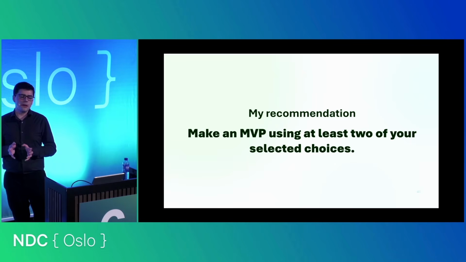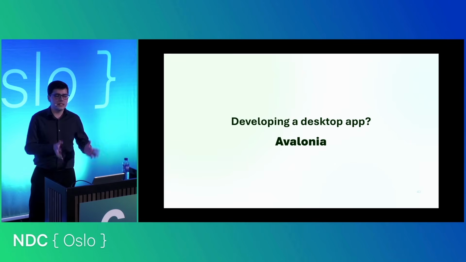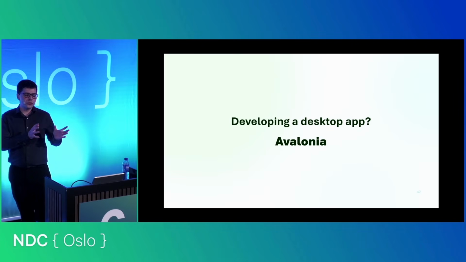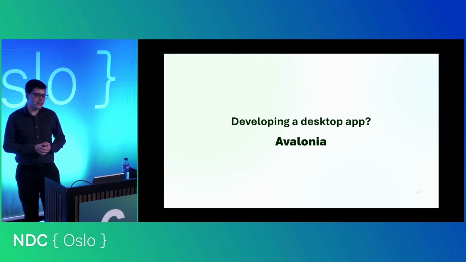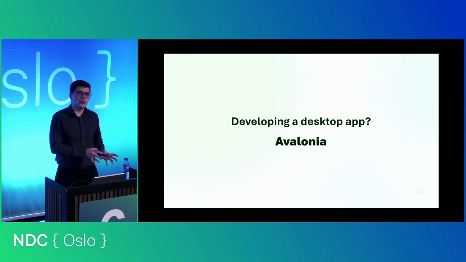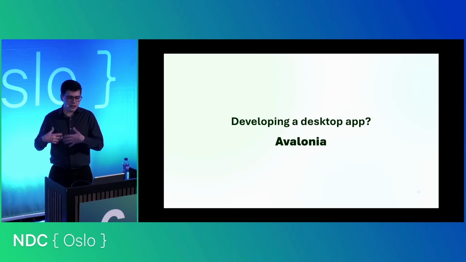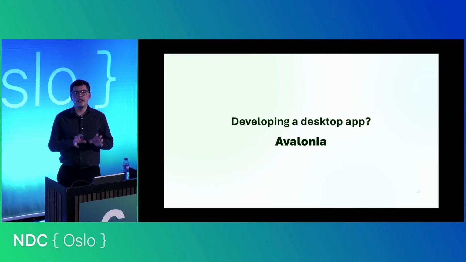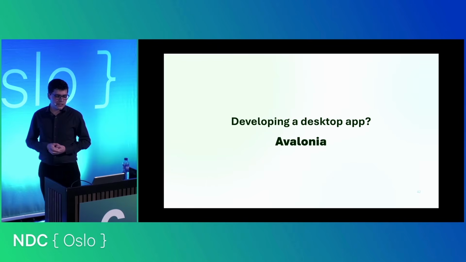So for example, if you're developing a desktop app, you should choose, in my opinion, from what I see and what I tried, for example, Avalonia, and you should choose, for example, Uno platform, and you should compare the results of the MVP with the requirements that you have.